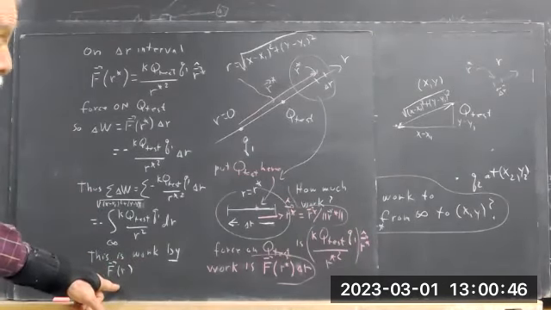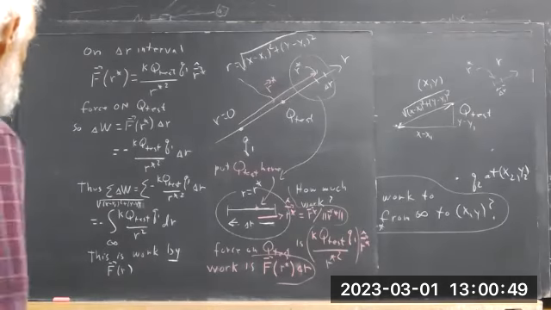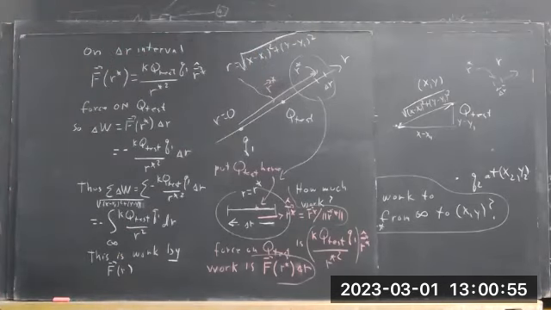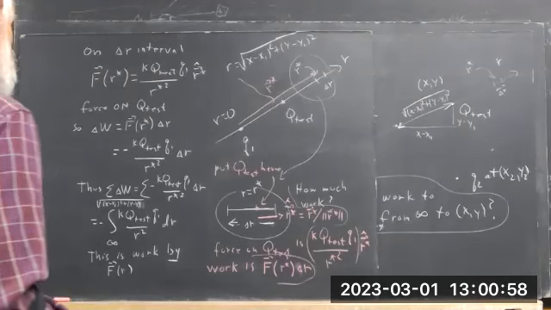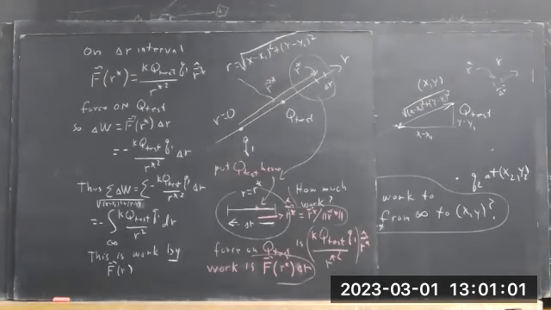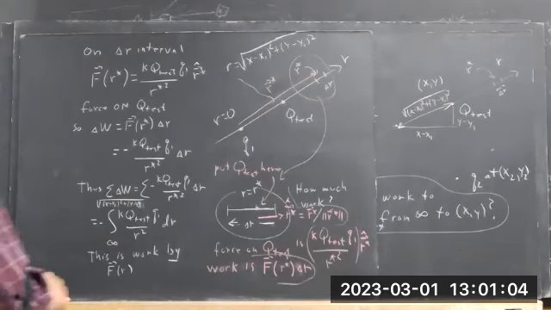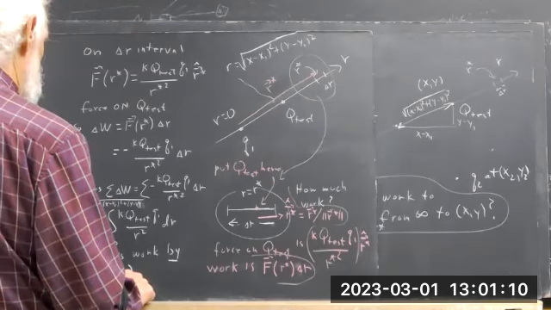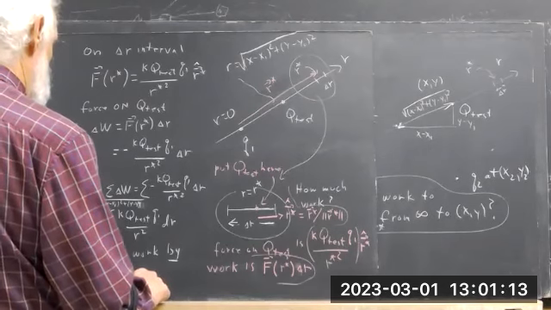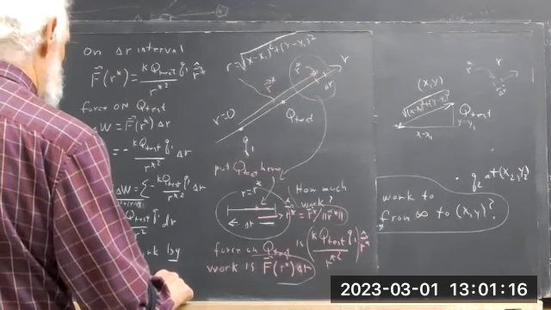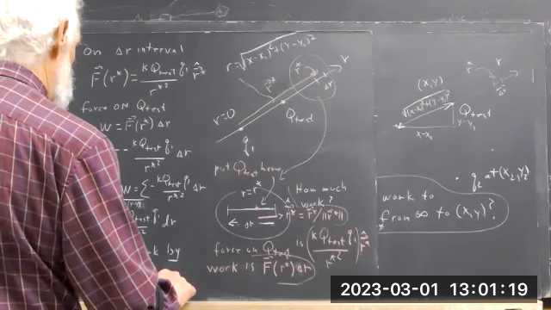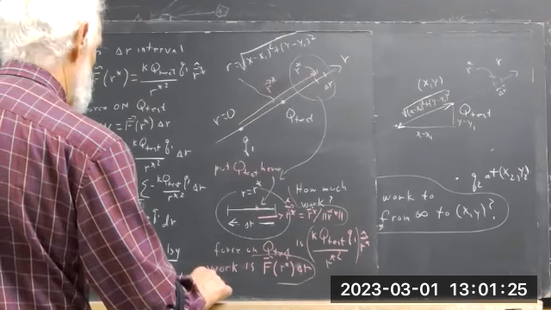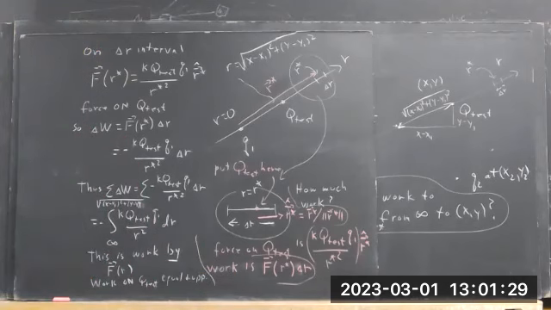This is the work done by the force F1. The work to move the thing from here to here is equal and opposite to that. There might have been some problem here. We'll work it out.